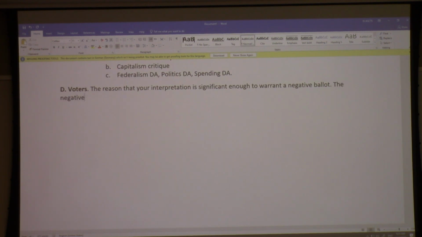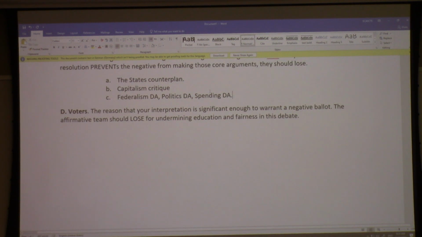The affirmative team should lose for undermining education and fairness in this debate. So if the affirmative does something that hurts the negative's ability to win the debate, so they steal the ground of core negative arguments that the negative wants to reach, then that is abusive and should justify voting negative.